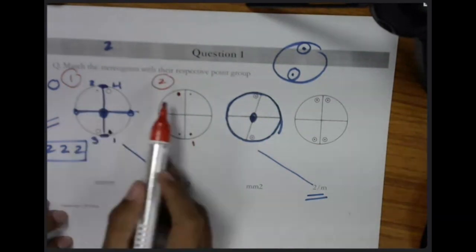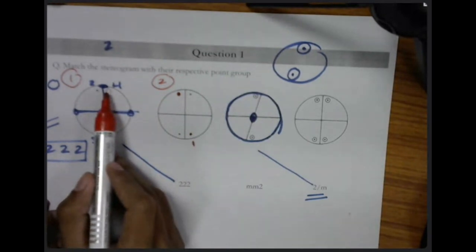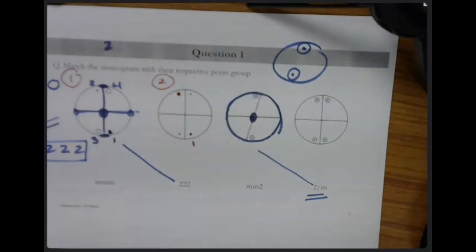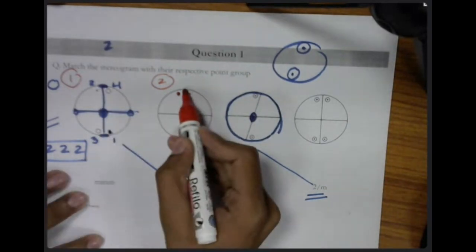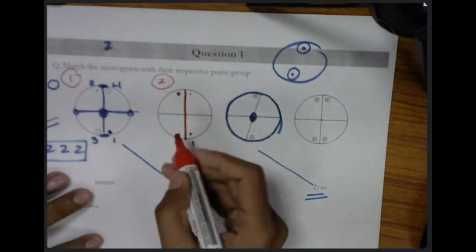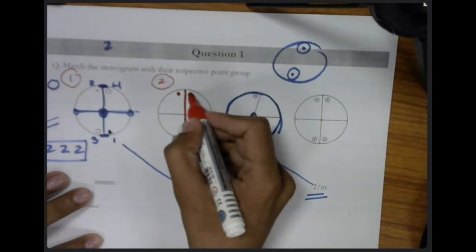They both have the points at the same location, but the orientation is different: here this is below, this is above, this is below. But here all of them are above itself. And that can be done if, instead of using this twofold, we use this as a mirror. If you use this mirror, then this point will be reflected back to this particular point and this point will be reflected to this particular point.